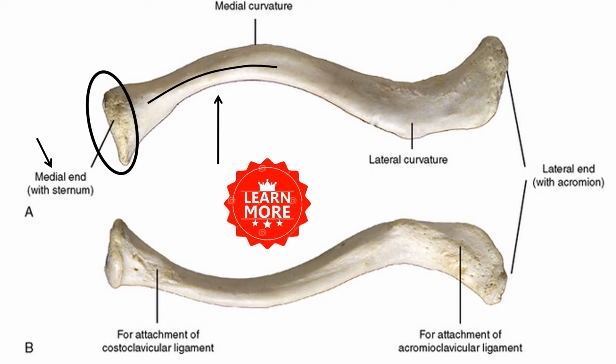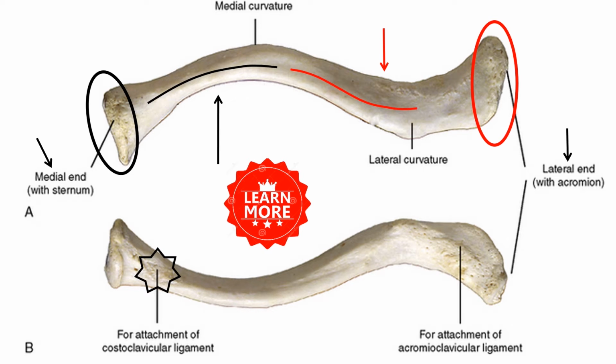Then, as the clavicle continues laterally, it is going to be curved again, and the concavity is going to be anterior. Now, this is the lateral end. It is a little bit compressed and less bulky than the medial end, and it articulates with the acromion of the scapula.